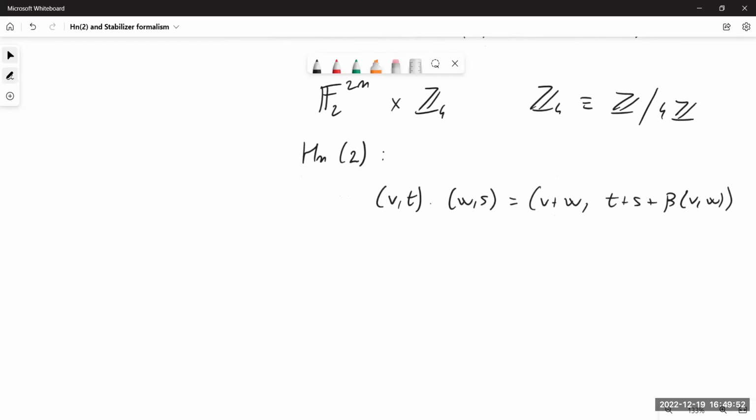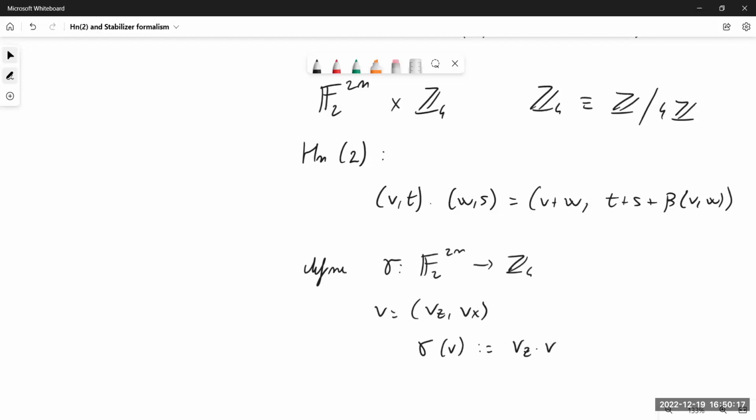First, to define beta, you define gamma. It is a Z4 function on the phase space. This is kind of simple because given the polarization Vz, gamma of V is defined by Vz times Vx, but this time modulo 4, of course.